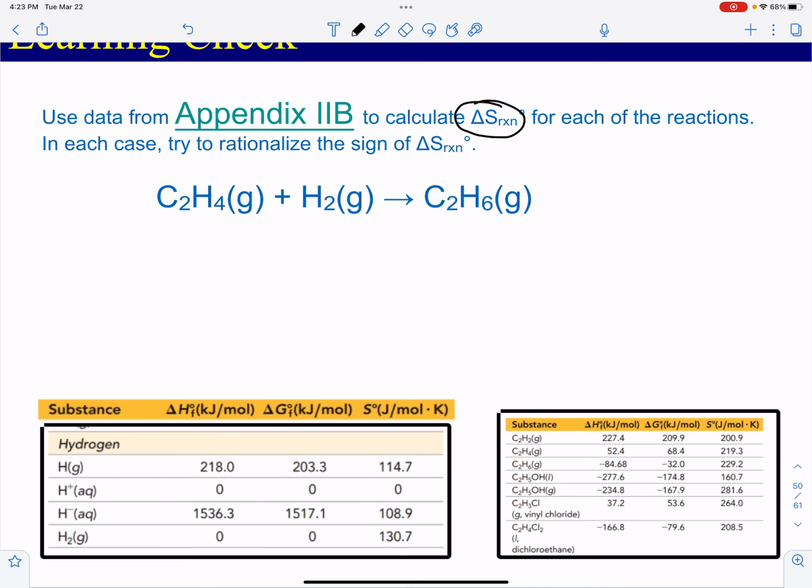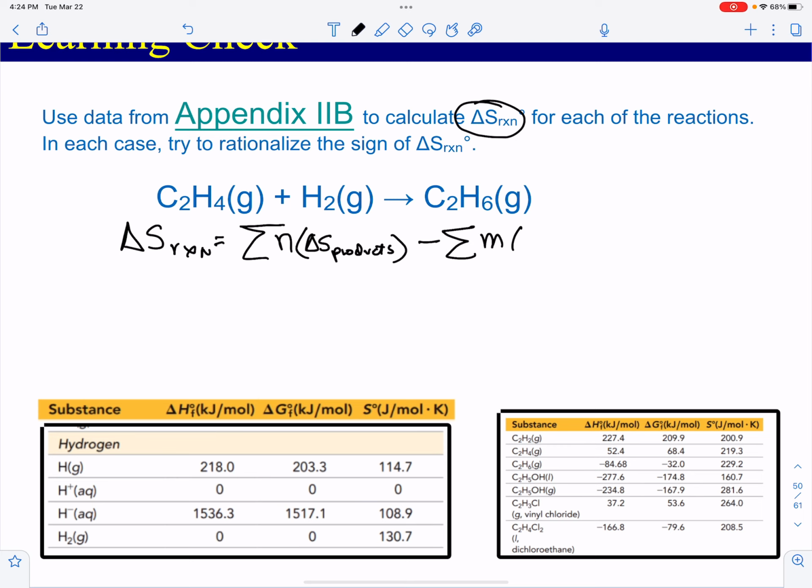Delta S of the reaction is going to be equal to the sum of the coefficient times the delta S of the products, minus the sum of the coefficient times the delta S of the reactants.